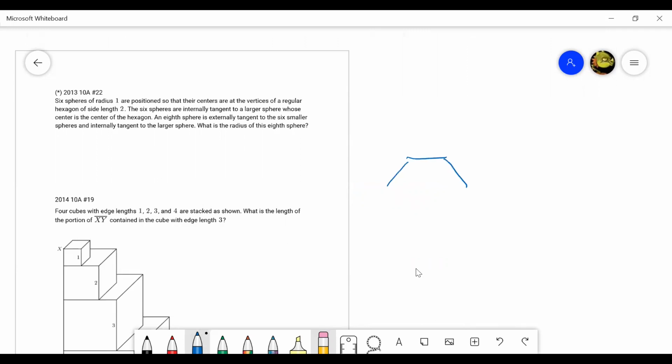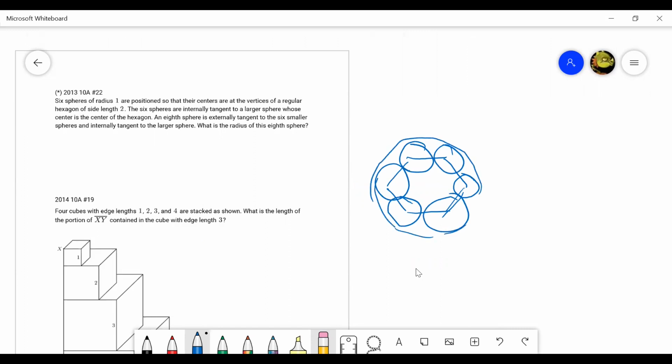If we take our hexagon and draw some circles that are all tangent to each other, and the sphere. The first thing to know is that the center of this hexagon is going to be the center of this large circle, simply because the diagram is symmetric, so it has to be the center.